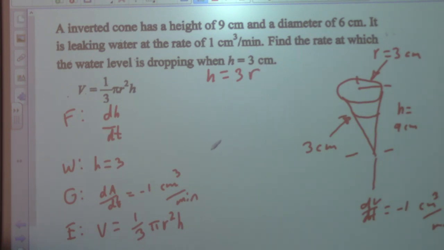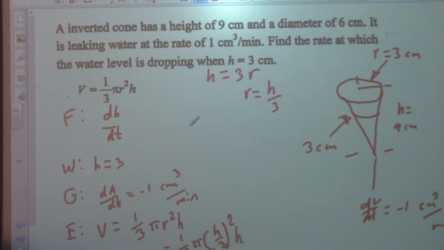So if we plug in for h, h equals 3 times radius, we can plug that in here. Actually, r is going to be equal to h over 3. So we have V equals 1/3 pi times (h over 3) squared times h.